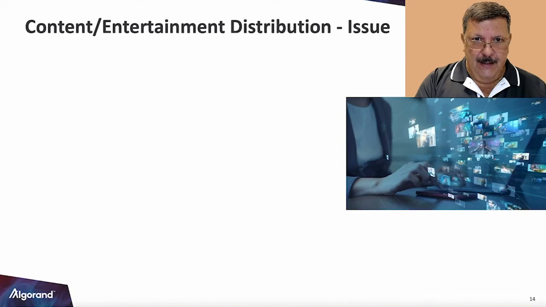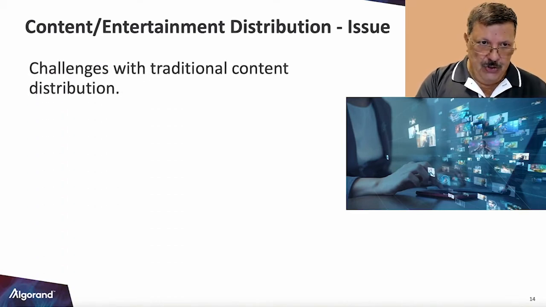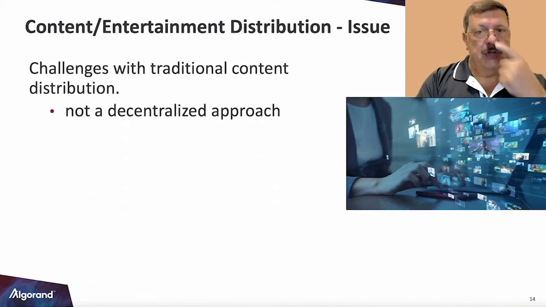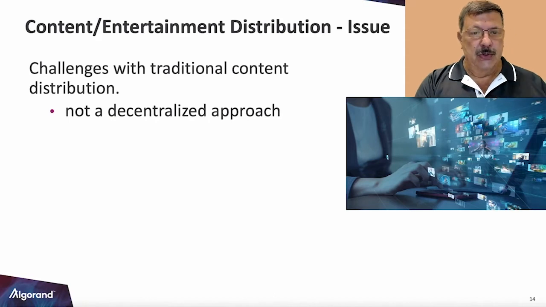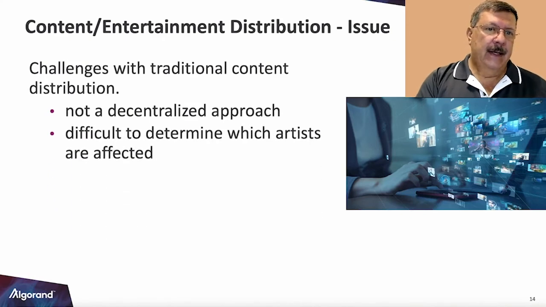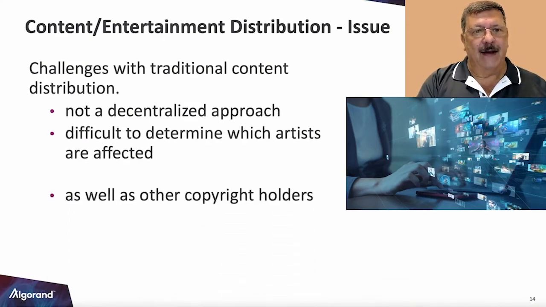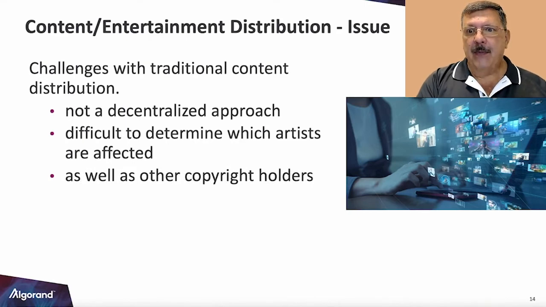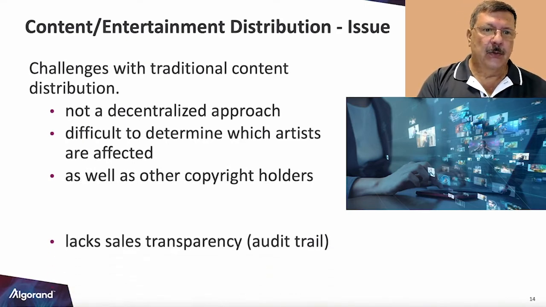Then we get to content and entertainment distribution. So the issues are many here. Traditional challenges with content distribution is it's not a decentralized approach. So there might be several different vats of information regarding copyrights or regarding patents. And it's difficult to determine many times which artists are affected, as well as other copyright holders as part of the process too.